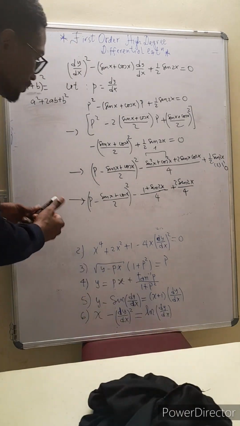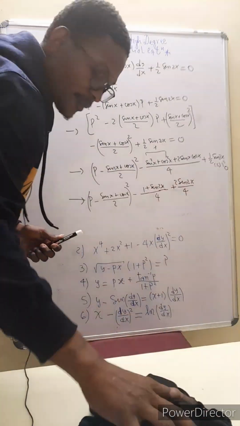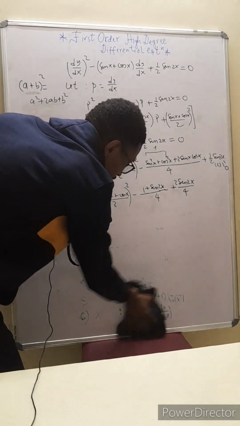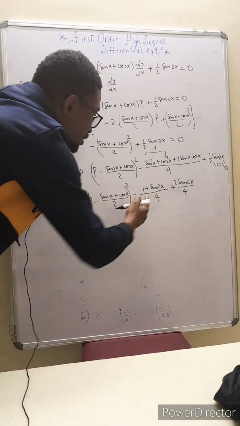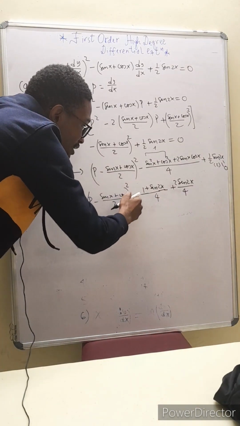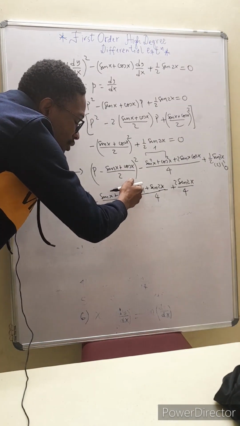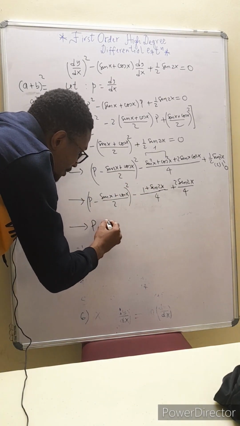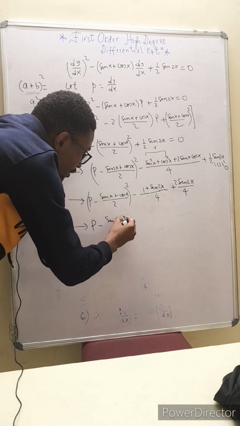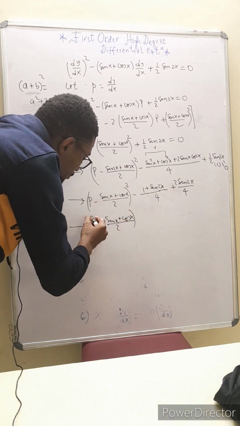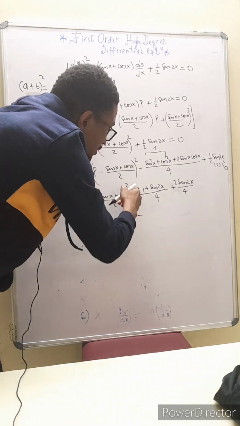So what you have to do, just solve this expression here. I will erase this one. Just play with these two. This minus is playing with this and this. This minus is not for this one here. So I will repeat this one. P minus sine x plus cos x all upon 2 all square minus this.